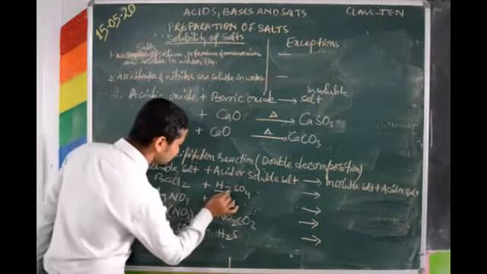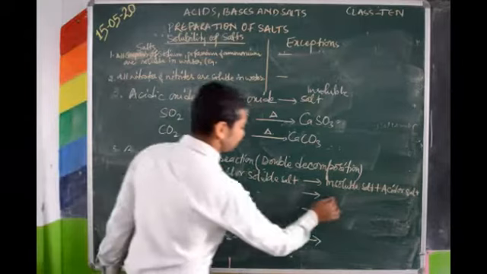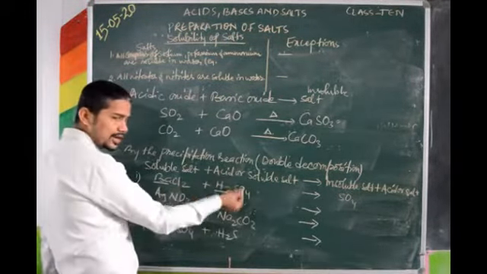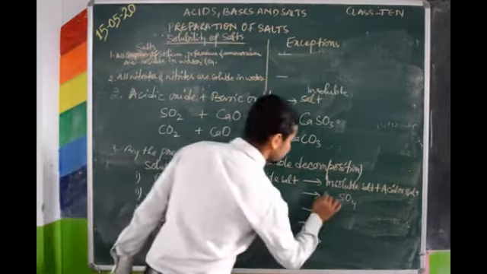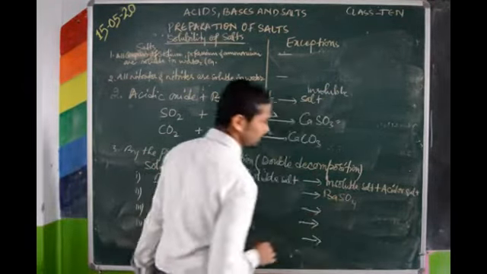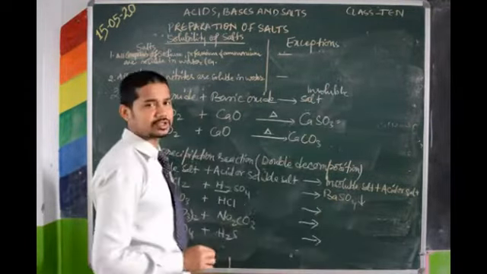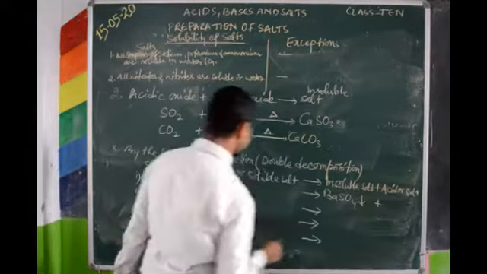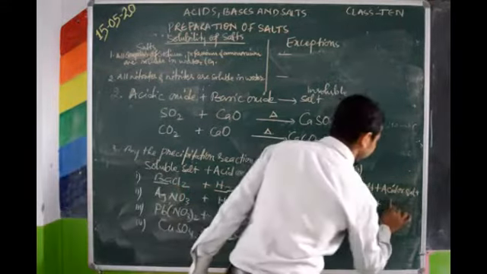The H2 will be replaced by barium, and from here we get SO4, so it becomes BaSO4. Barium sulfate is insoluble in water, so it is a precipitate. What is left is H2 and Cl, so it becomes HCl.